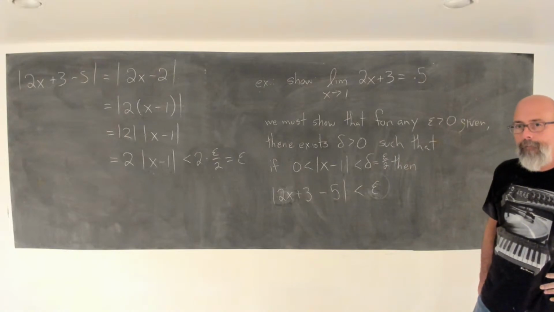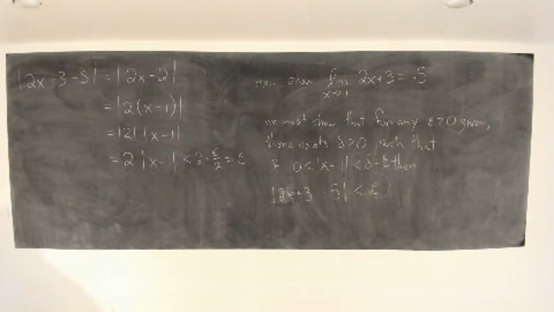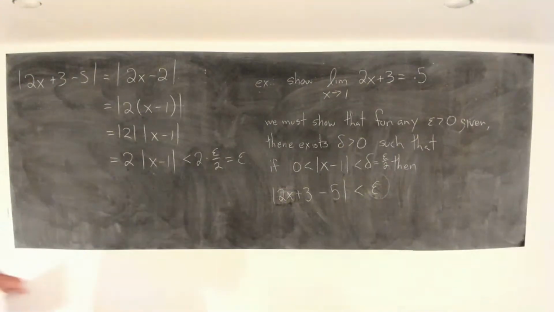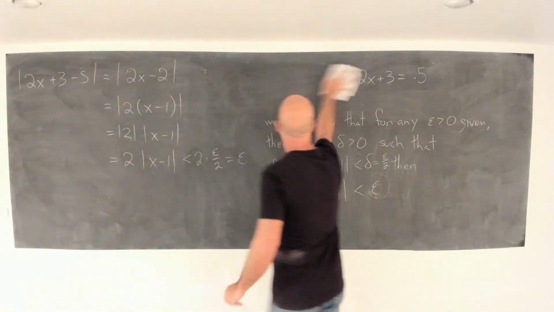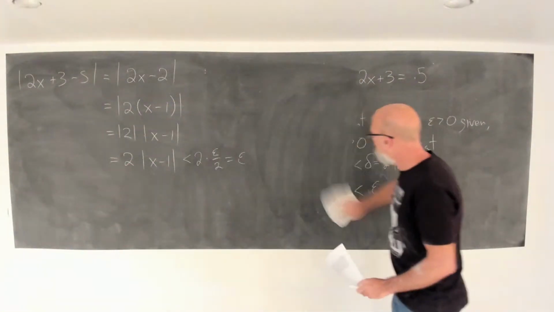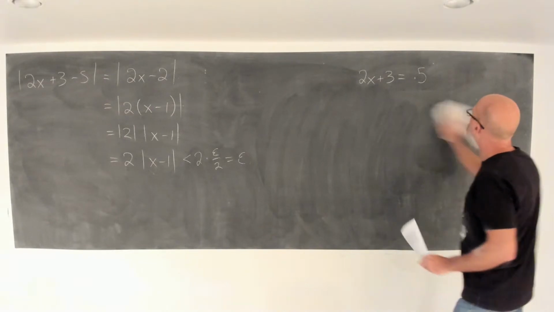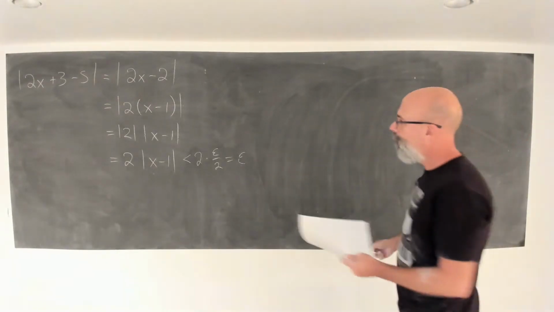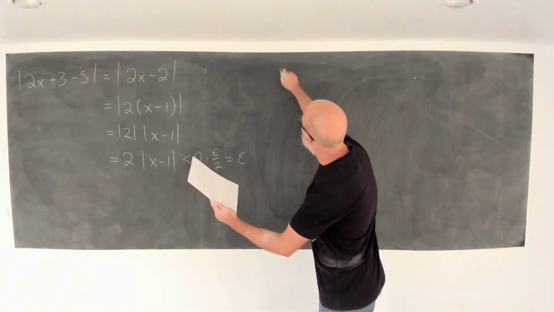How are we doing? Do another example. Why don't we do an example from the book? Well, let's try another example.